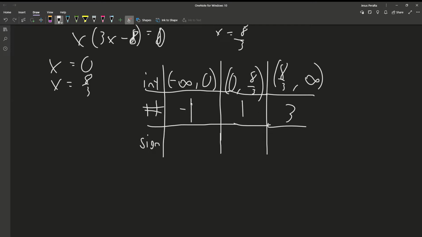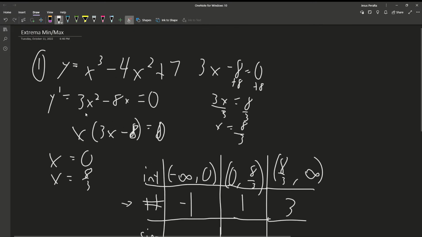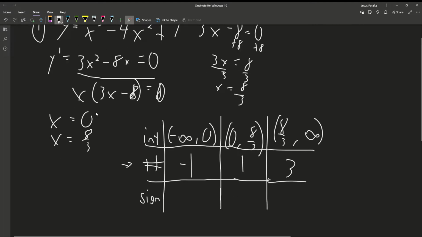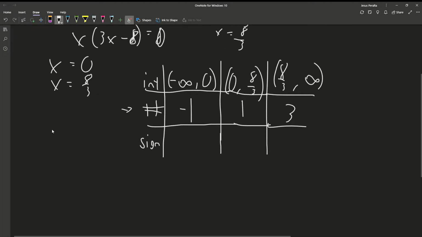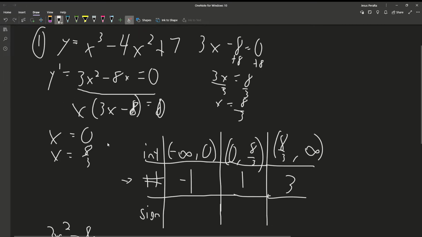So for negative 1, remember this number right here, we're going to plug it into this equation. So let me bring it down really quick. It was 3x squared minus 8x, if I remember correctly.